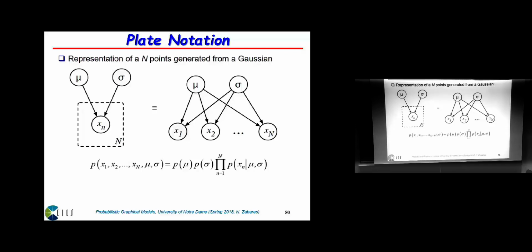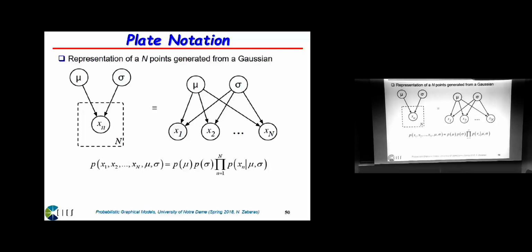So if this data x1 to xn comes from a Gaussian that has some unknown mean mu and standard deviation sigma, this is the plate notation for representing IID data from this Gaussian with parameters mu and sigma.